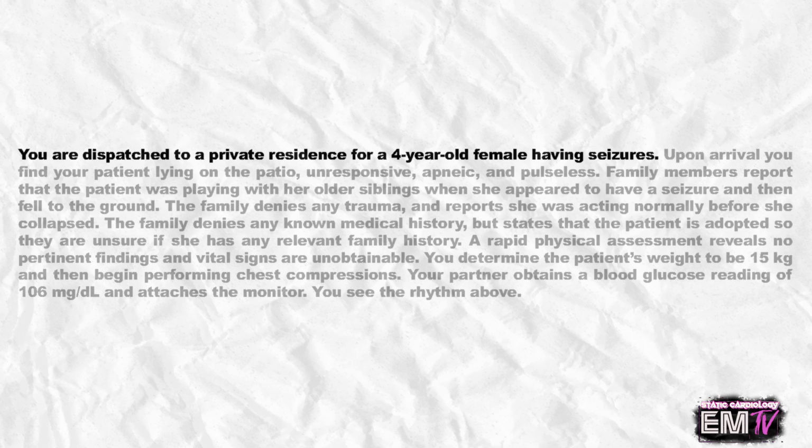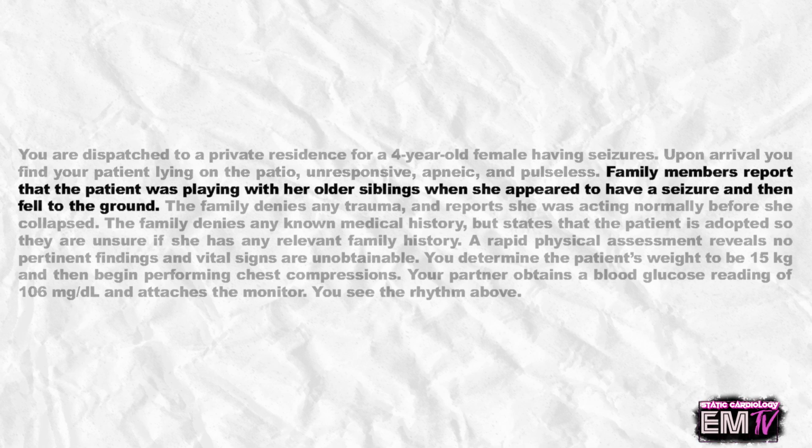You were dispatched to a private residence for a 4-year-old female having seizures. Upon arrival, you find your patient lying on the patio, unresponsive, apneic, and pulseless. Family members report that the patient was playing with her older siblings when she appeared to have a seizure and then fell to the ground.